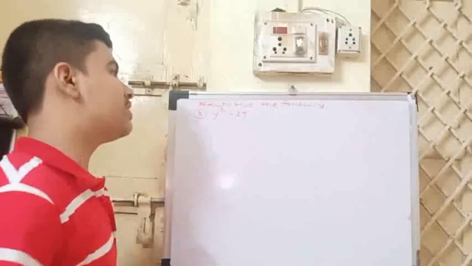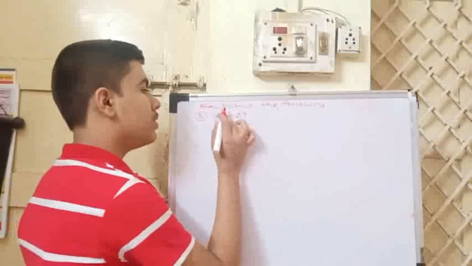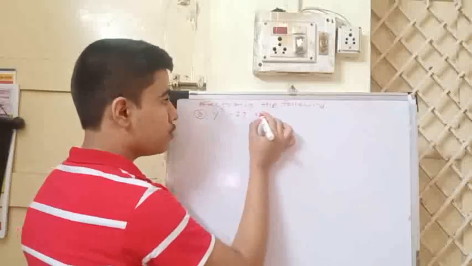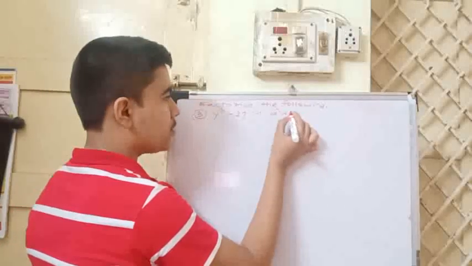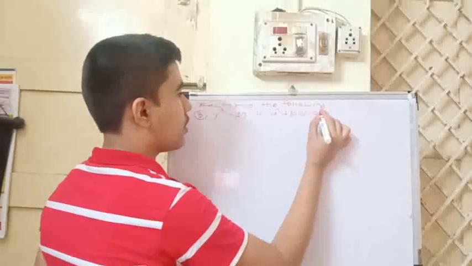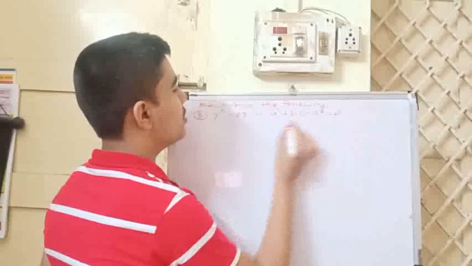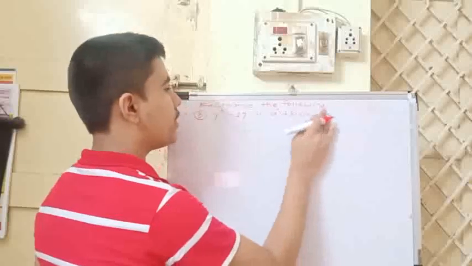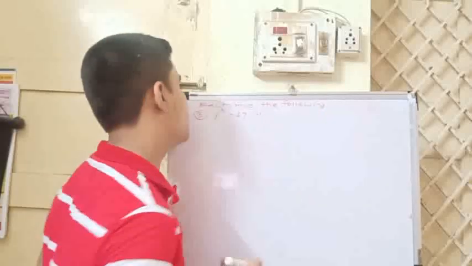y cube minus 27. Now here there is a cube and only two terms are there. So here it will be a cube plus b cube or a cube minus b cube. Here is the minus, so I will take a cube minus b cube.